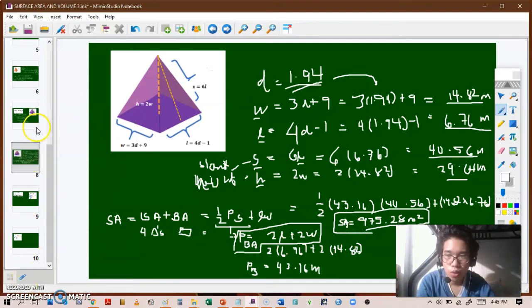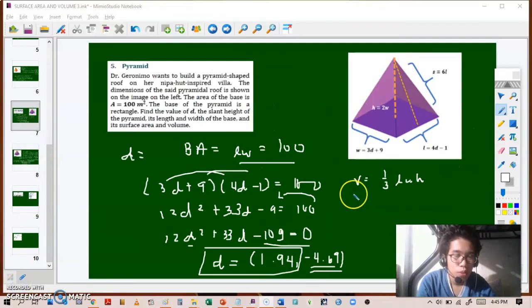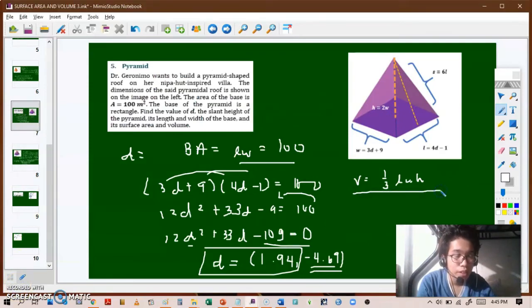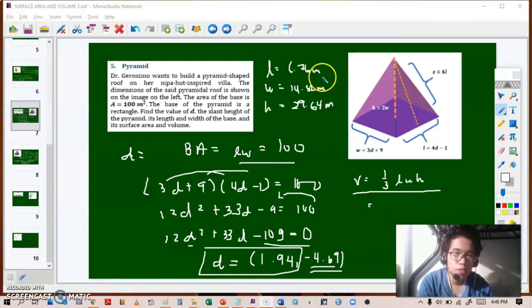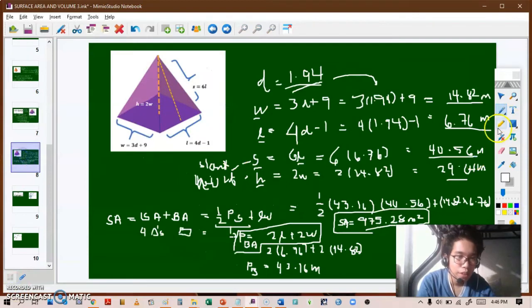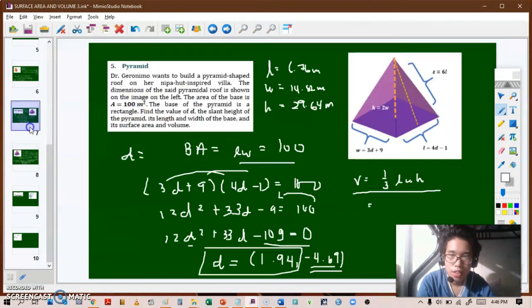Now we just need to solve for the volume. So how do we solve for the volume? Again, the formula for the volume is 1/3 times length times width times height. The values of the length, width, and height were given a while ago. The length is equal to 6.76 meters, the width is 14.82 meters, and the height is 29.64 meters.